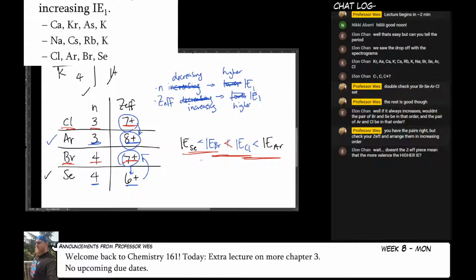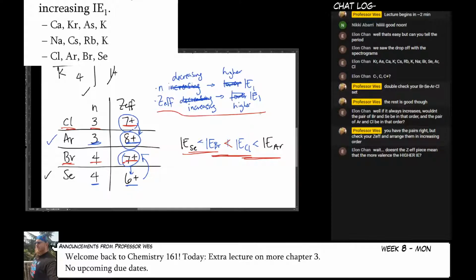But it turns out as Z effective increases, even though there are more electrons, the protons win overall. And so they pull harder on those electrons. And the reason for this is because when you're adding valence electrons, they go roughly at the same distance away, because you're putting them all in the same orbitals. So I'm putting them all on p orbitals.